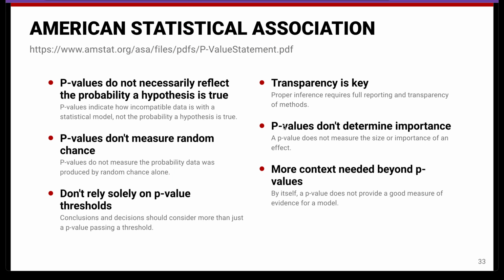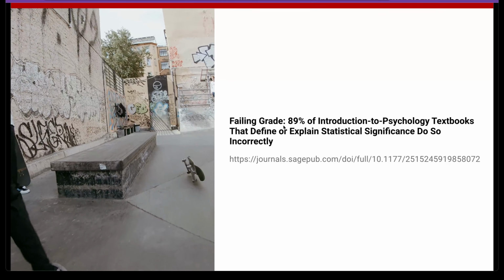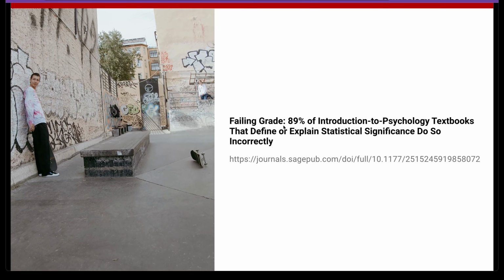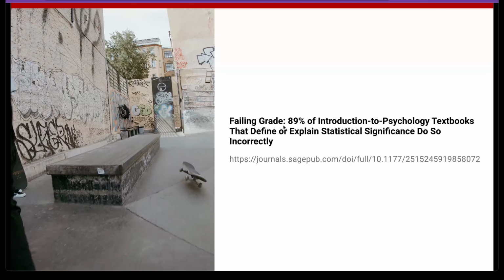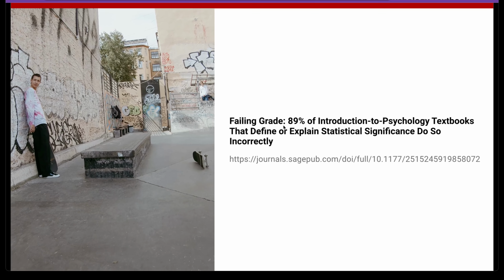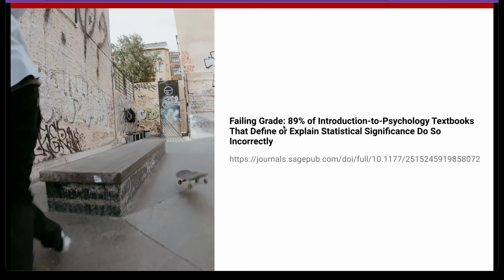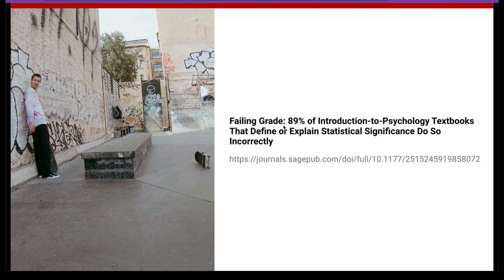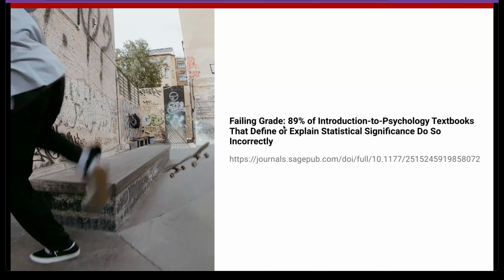Again, the p-value statement, you can see I really want to drive this home. And I teach this in another class. So check this out. And this is why it's so hard to teach statistics, because I want you to understand really the fundamental ideas. Let's just say 90% of introductory psychology textbooks that define or explain statistical significance do it incorrectly.